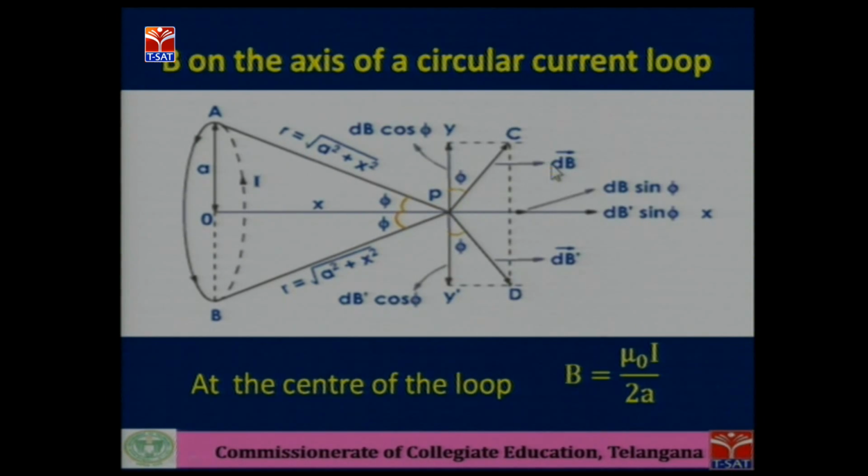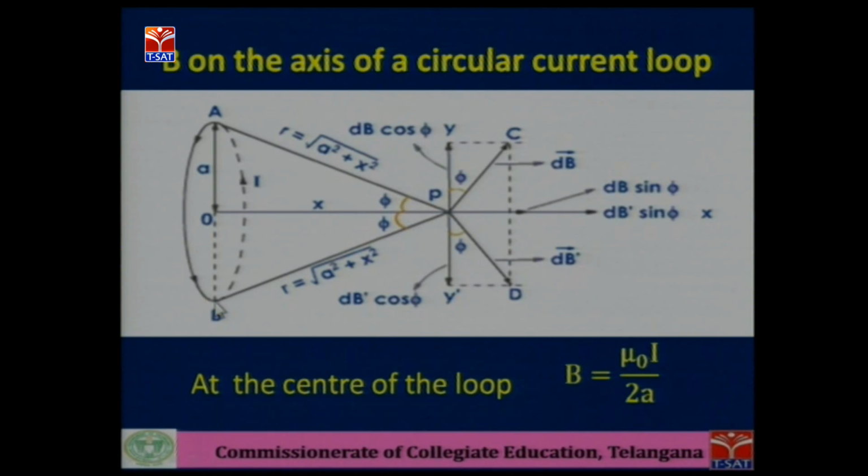Let us assume dB is the magnetic field at the point P due to a small length element considered on this loop, either here or here. If we consider a small length element at the point A, then at the point P, the magnetic field due to A is dB, and it acts along this direction PD.